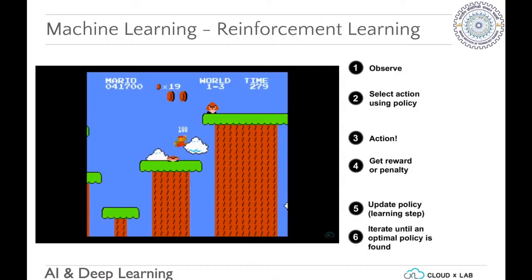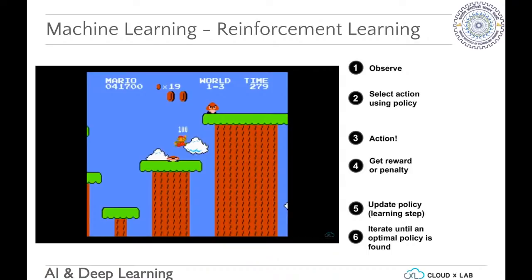While it is playing, the game is essentially recording everything it's doing, and once the game is over, it learns from that and then gets into the game again. So update the policy, that's the learning step, right? That's where we retrain the model and we iterate until an optimal policy is found, correct?